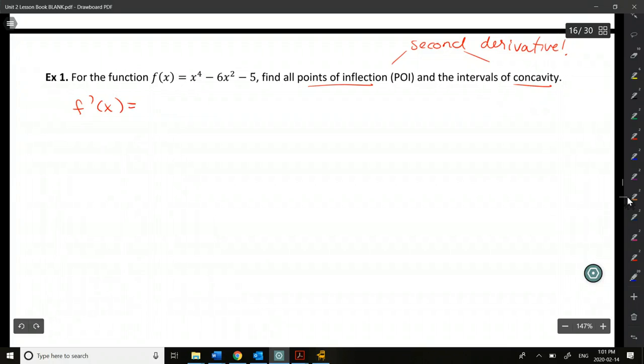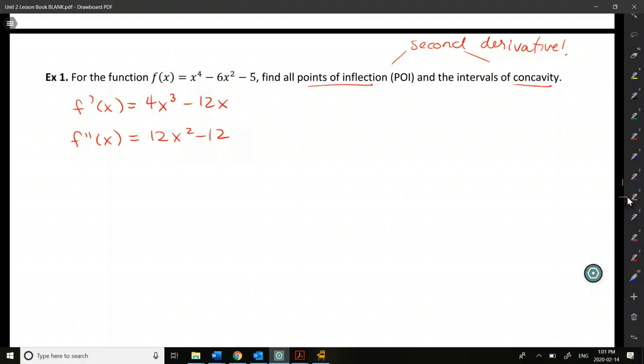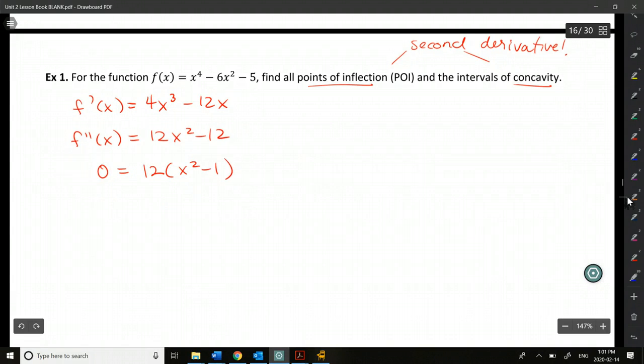We're going to find, of course, the first derivative before we find the second. And to find possible points of inflection, we set the second derivative equal to 0, just like you guys did in your investigation. And we're going to solve. So difference of squares here.